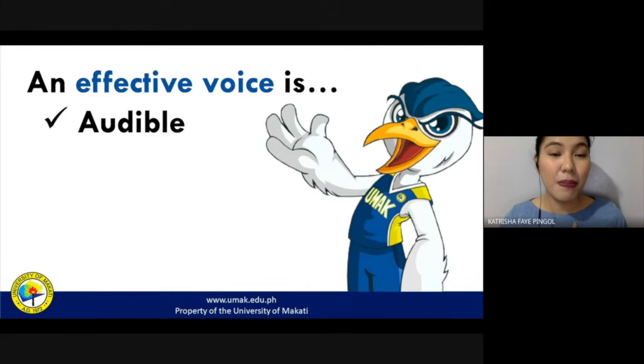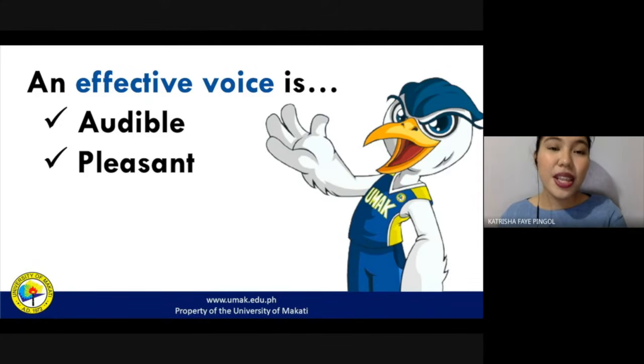For example, if you are speaking in front of a large audience, what could make your voice more audible for them? You don't need to always shout it out loud. You can talk louder than usual, but you can also utilize things such as a microphone or probably a megaphone to adjust the volume of your voice.